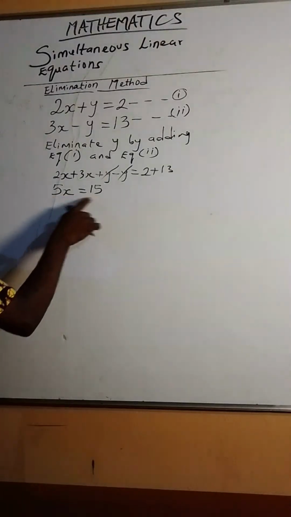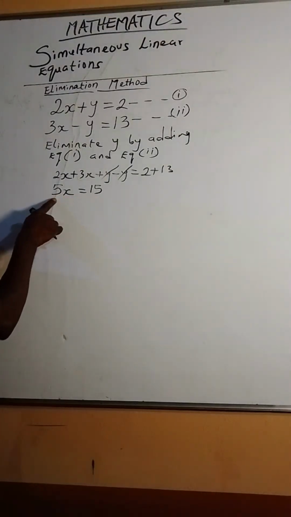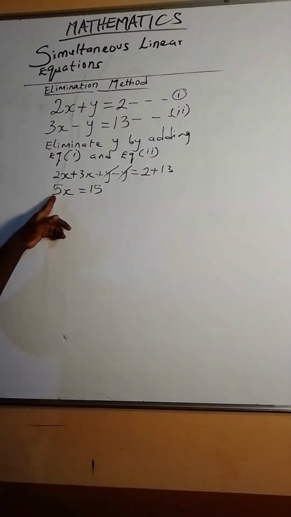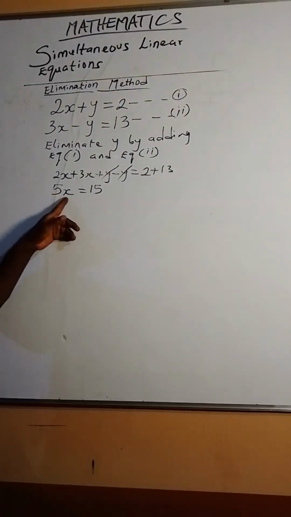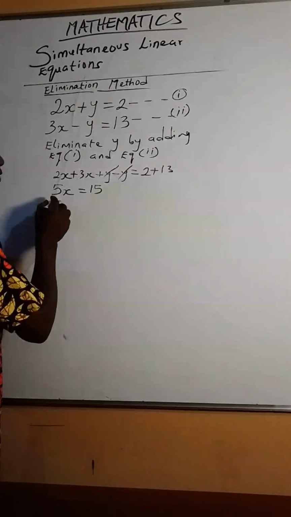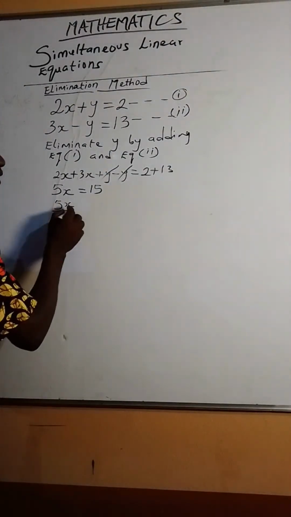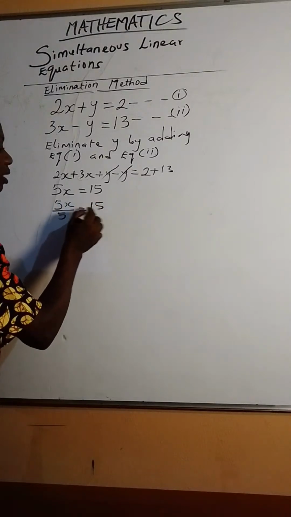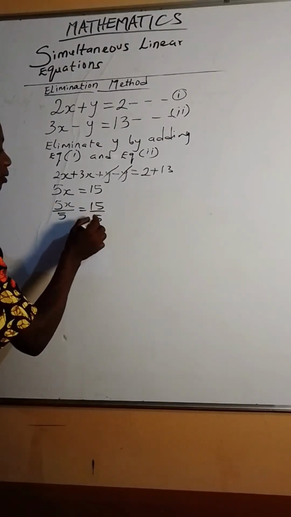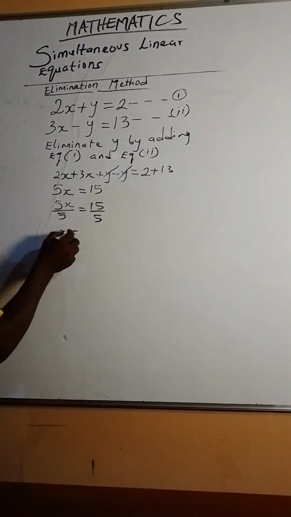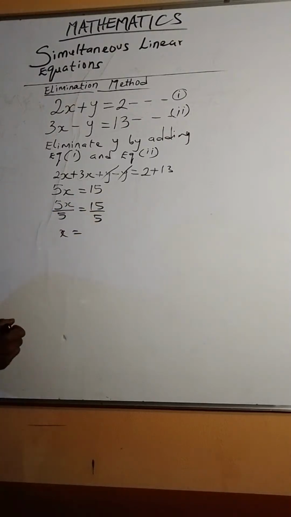Then we are going to divide both sides by 5. Why are we dividing both sides by 5? Because 5 is the coefficient of x, and we are here to find x. So 5x divided by 5 gives x, and x is 15 divided by 5.